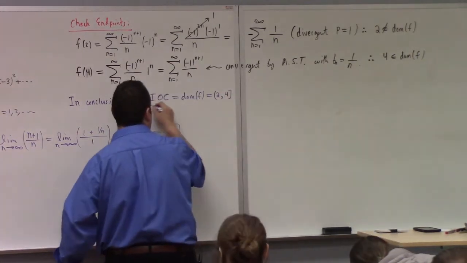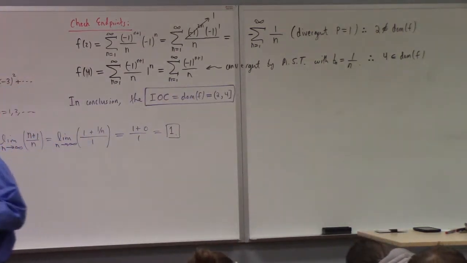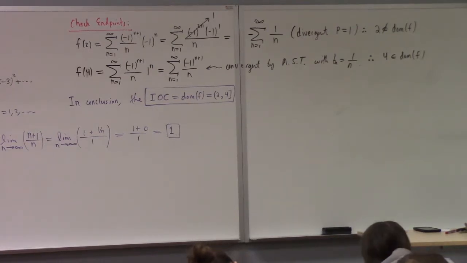All right? And there you go. So the radius of convergence we found about 5 minutes ago was 1. And the interval of convergence is 2 to 4, 4 included, 2 not included.